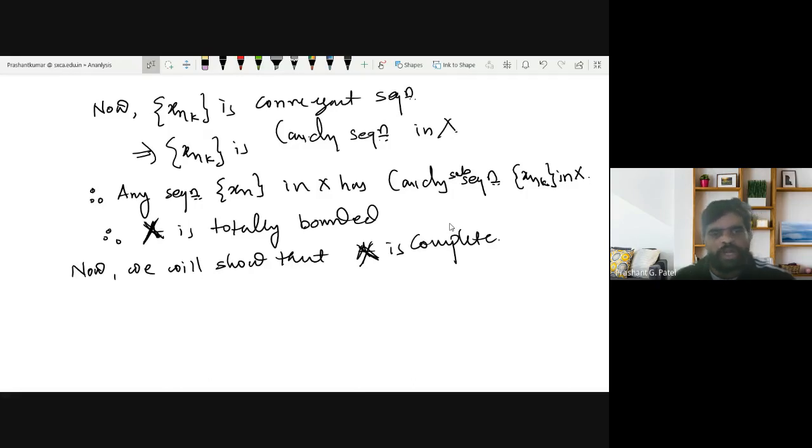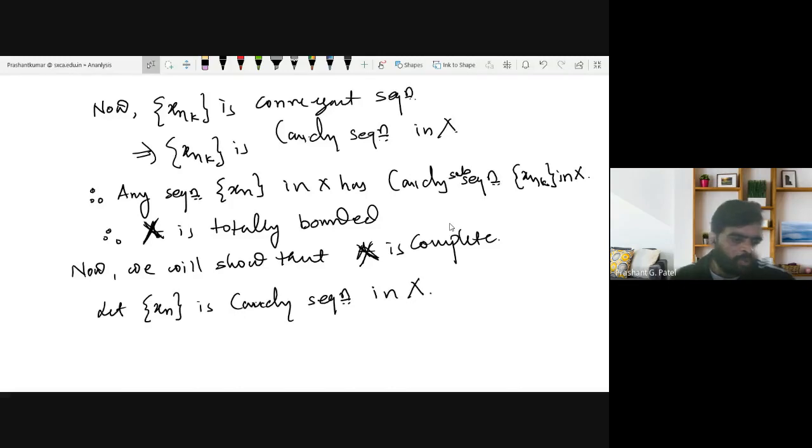So I will start with: let xn be a Cauchy sequence in X. Then this Cauchy sequence has a convergent subsequence, because as per our assumption, every sequence has a convergent subsequence.